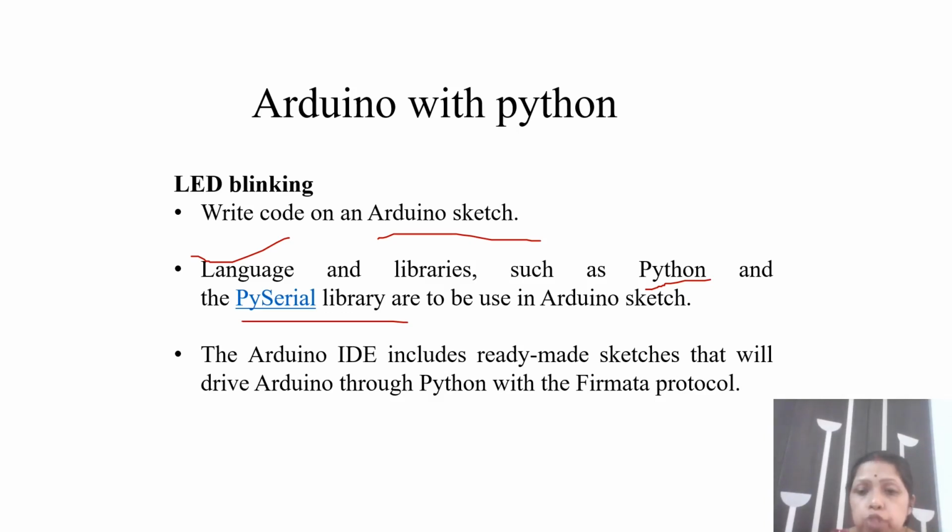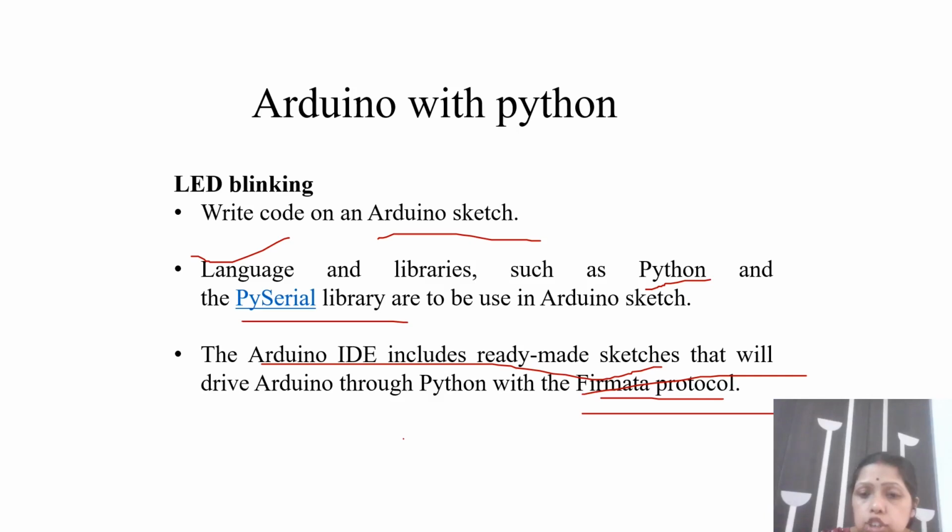If you use the PySerial library, you have to install it also. Normally in various cases, the Firmata protocol is there. This is normally written under the Arduino IDE sketch.